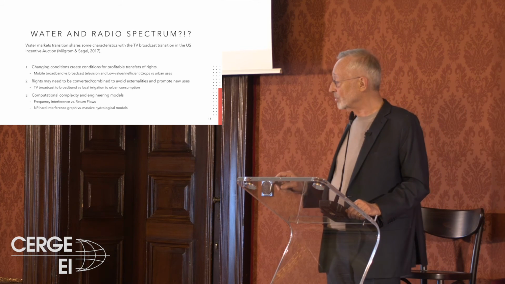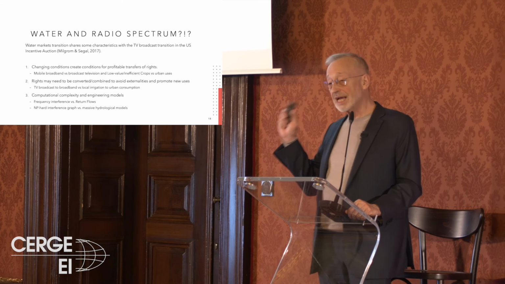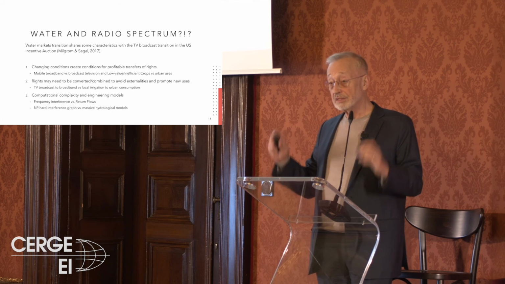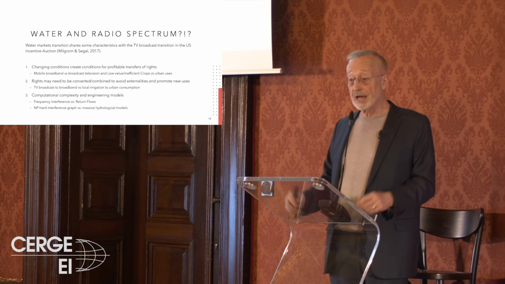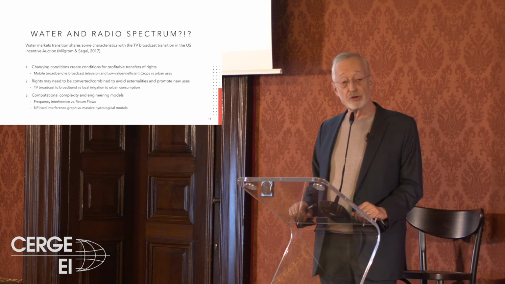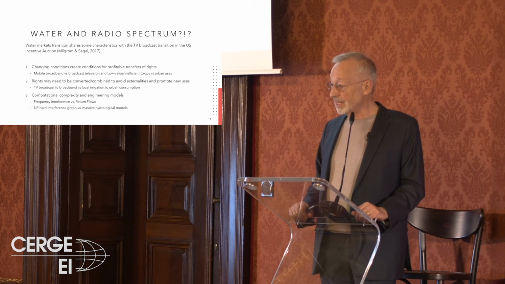Let's see if I've got some of those here. What happened in the incentive auction is an auction that I led the design of for the Federal Communications Commission in the United States.